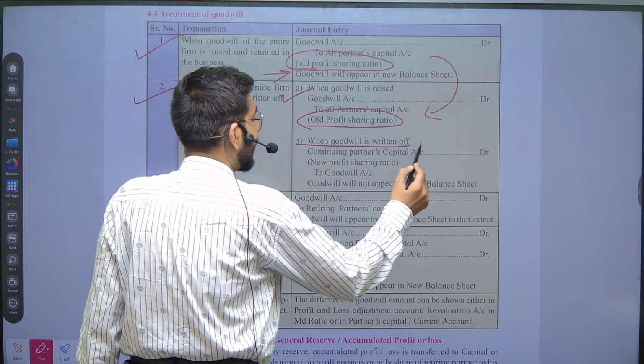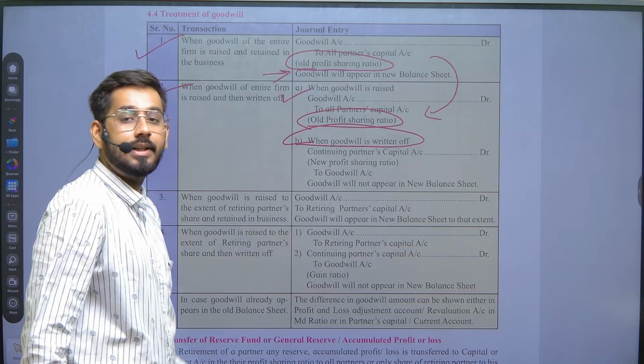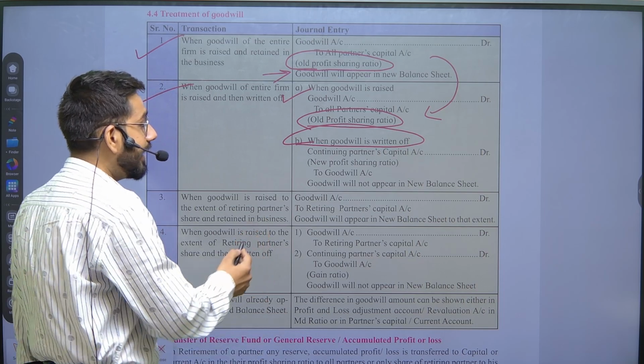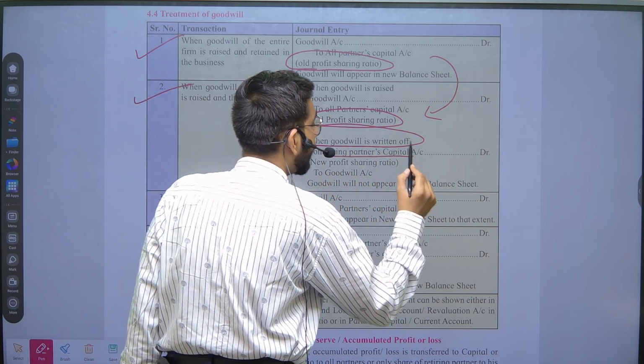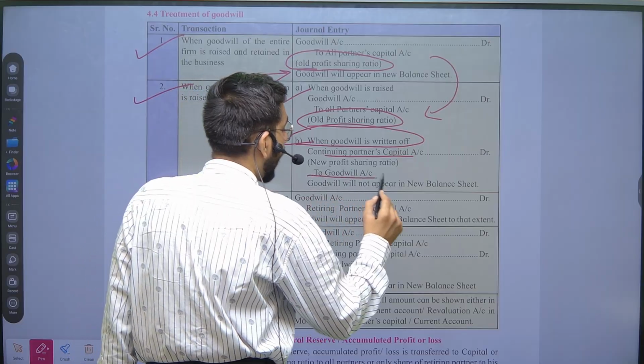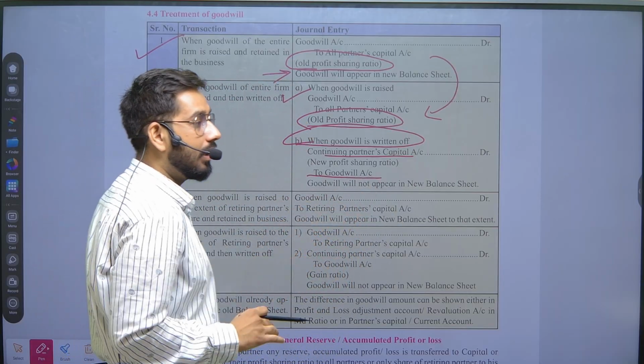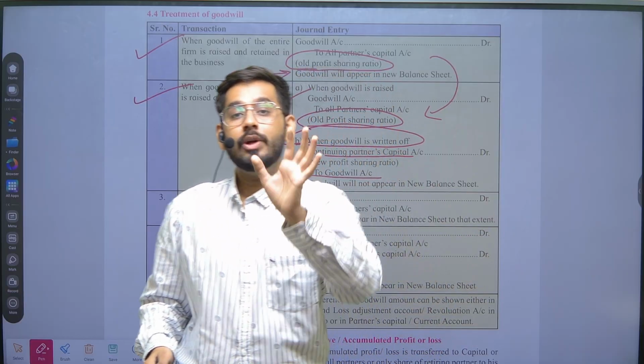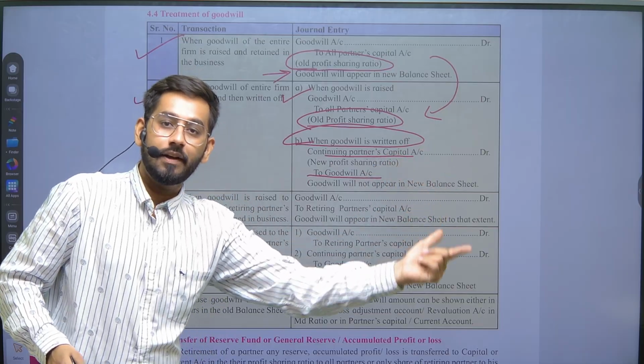When goodwill is written off, when goodwill is depreciated, the entry will be continuing partners capital account debit to goodwill account. Continuing partners are the remaining partners after retirement of one partner, who will run the business in the future.